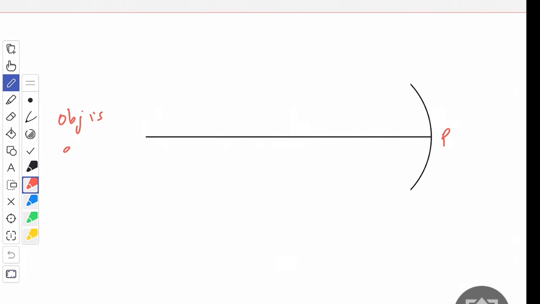focus. So what does focus mean? Focus is the point where parallel rays meet after reflection. I'll just write it for you: focus is the point where parallel rays meet after reflection.